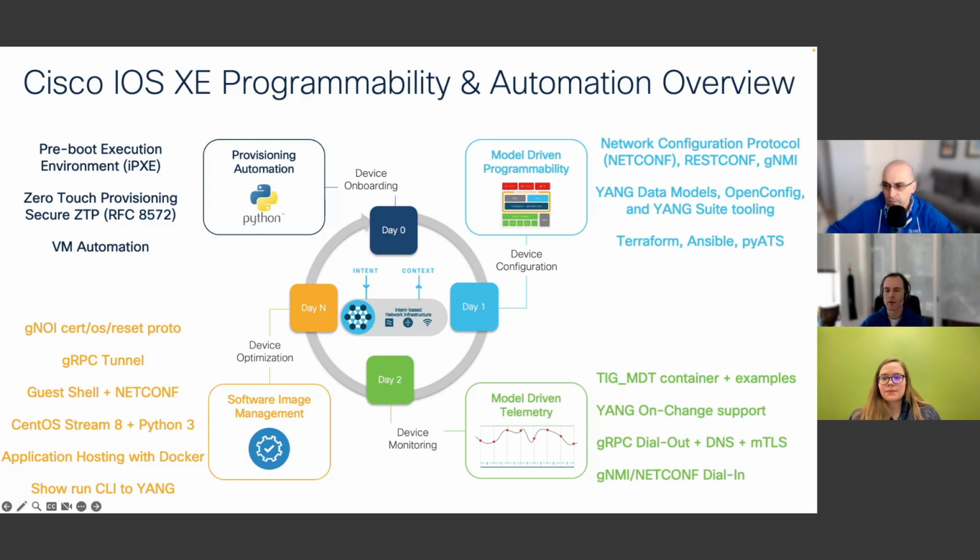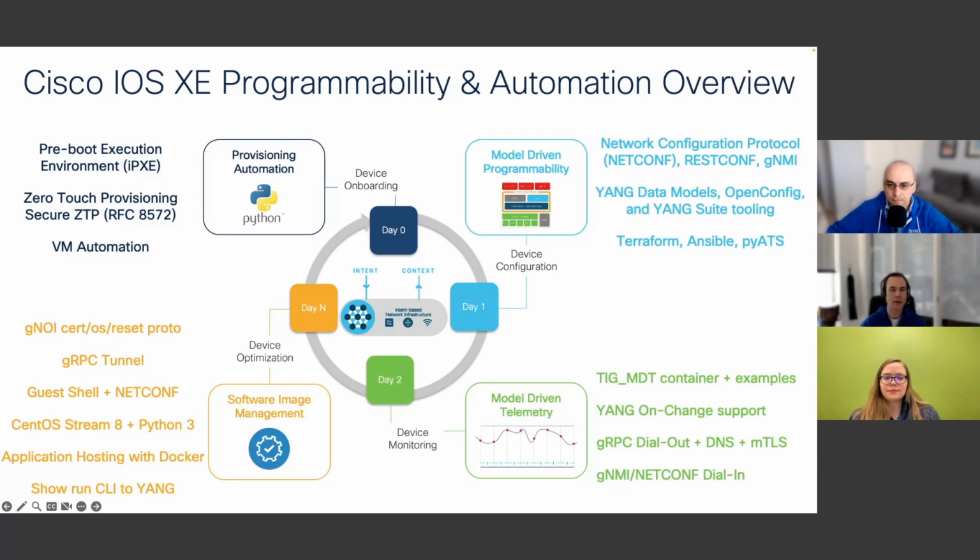And we'll also take a look at some of the data models for on-change support, so we can understand how we can get event notifications sent to us when they actually occur. For this telemetry use case, we're using gRPC dial out. We're not using DNS, we're not using TLS or mTLS. We're just using clear text, really basic stuff.